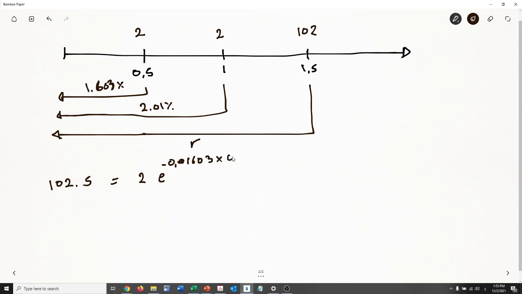So we discounted the first coupon payment using the first zero rate that we found earlier. Second, plus 2 times e, just a correction, this rate is for the 3 month, which is not correct. We don't want to use the 3 month zero rate, we want to use the 6 month zero rate, and the 6 month zero rate is 2.01%. So again, also here that's not correct, just a quick correction.